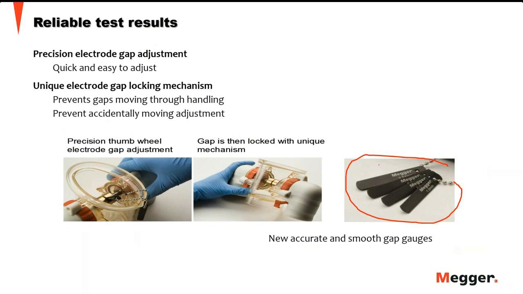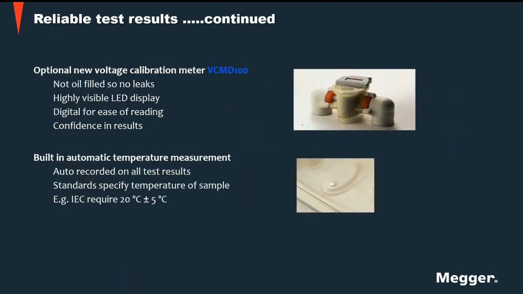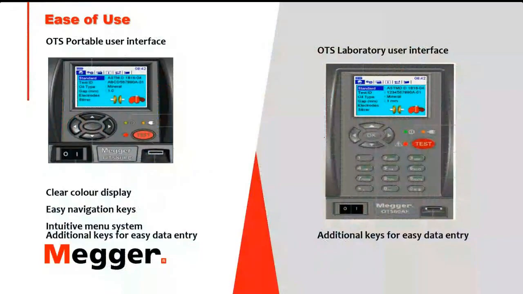Yeah, this is the black anodized coating. When you see some silver, then it's not accurate anymore. We also have a checker for calibration, and we have the portable one. We also have the laboratory one. So the difference is that this keyboard is for the portable one.